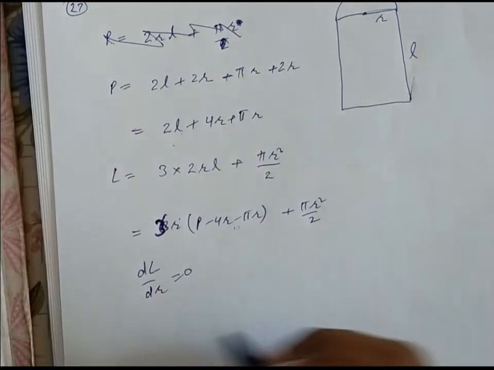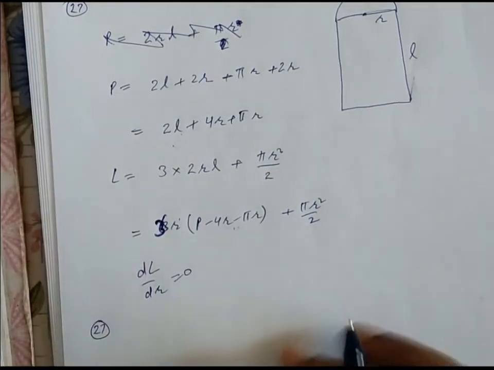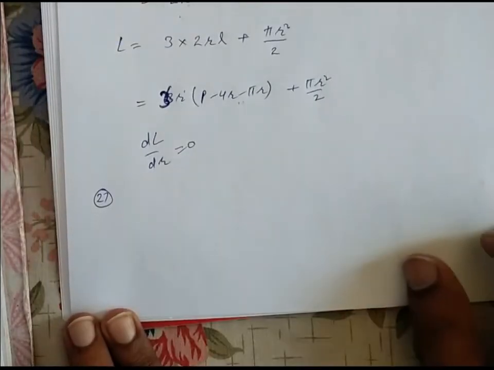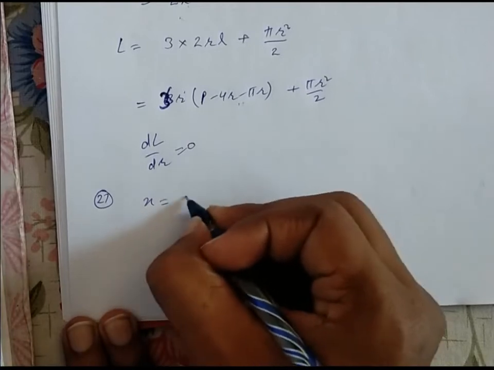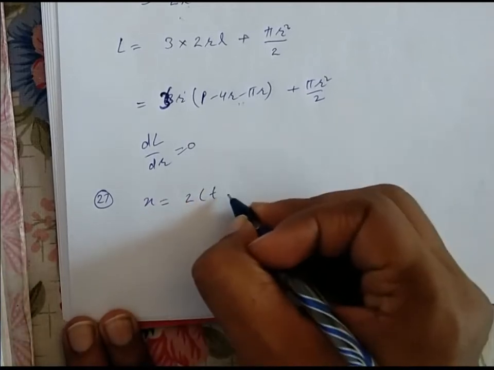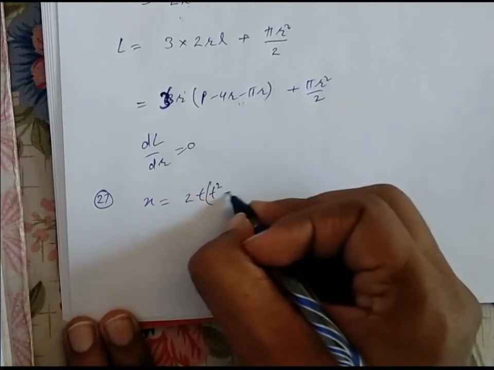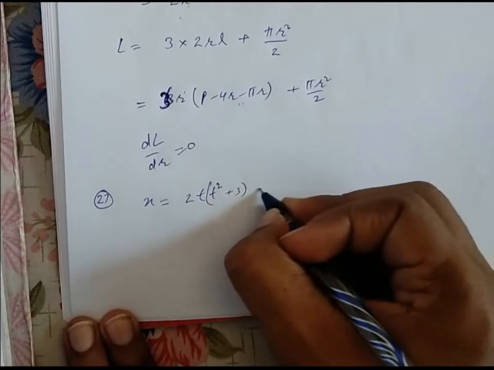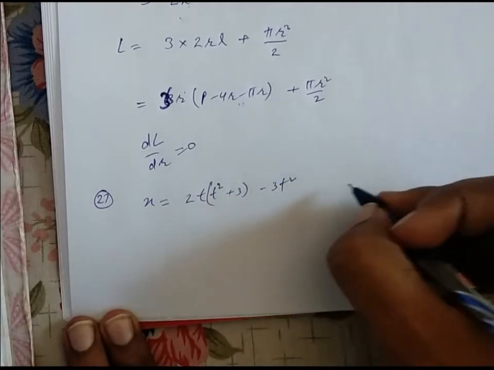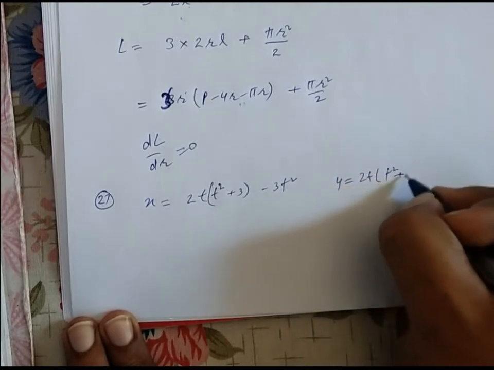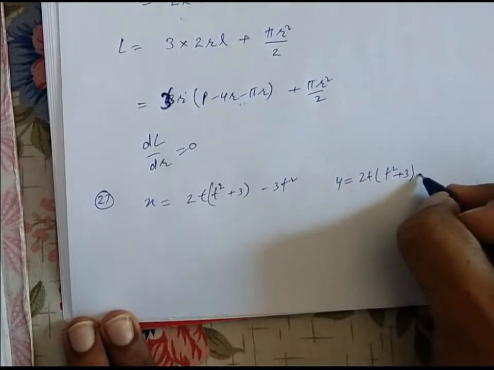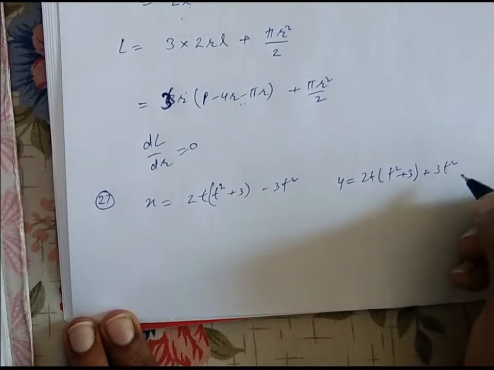So it says parametric equations of a curve are x is equal to 2t^3 minus 3t^2, and y is equal to 2t^3 plus 3t^2.